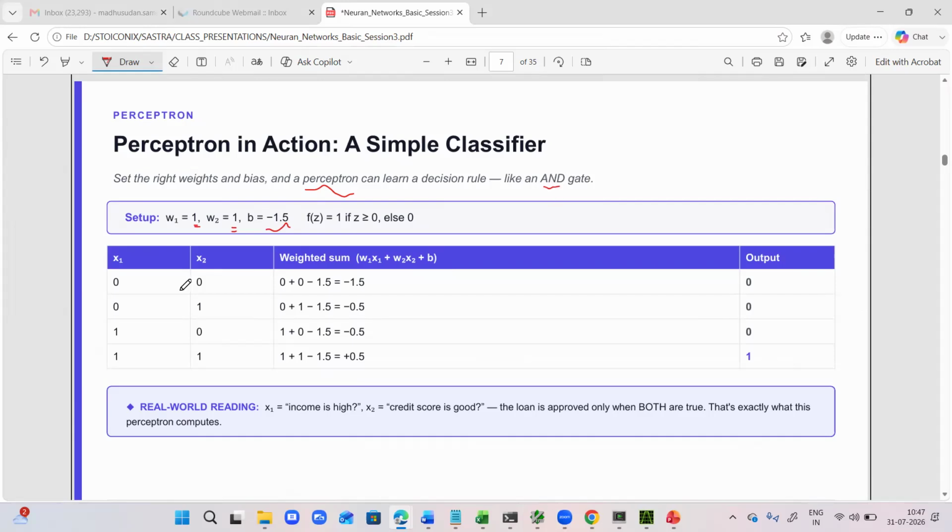An AND gate will produce an output of 1 only if both the inputs are 1. That's the logic of an AND gate. Let's say the inputs are x1 and x2. The corresponding weights W1 is 1 and W2 is also 1, and the bias is minus 1.5.